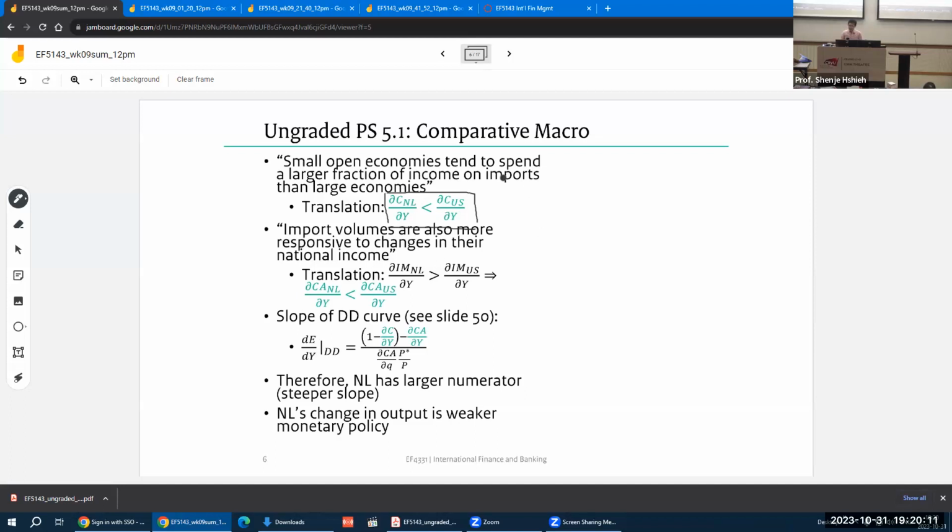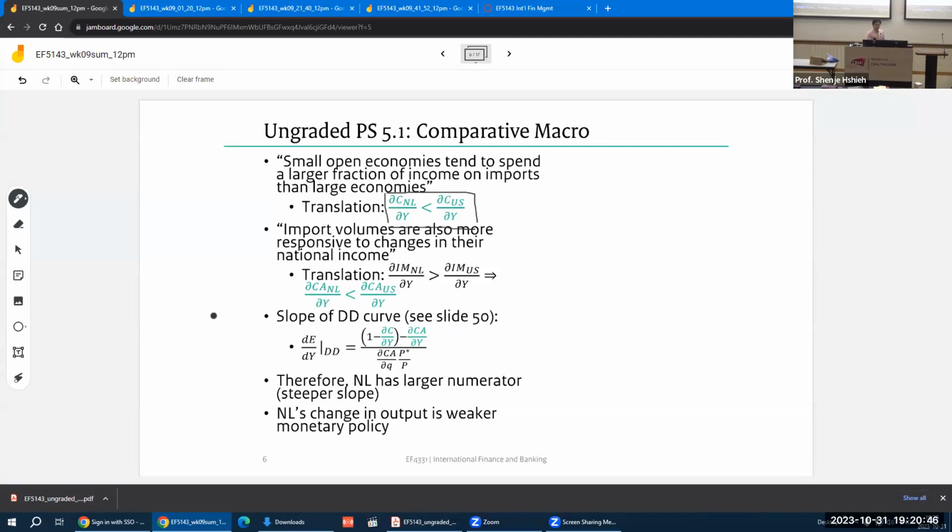Here I'm saying that the change in domestic consumption in the Netherlands, given a unit change in income, is smaller than the change in domestic consumption in the US, given their unit change in income. The reason I'm using these sensitivities or derivatives is because of this equation here, which I'll talk about later. Just know that it's all in the appendix of this week's slides.